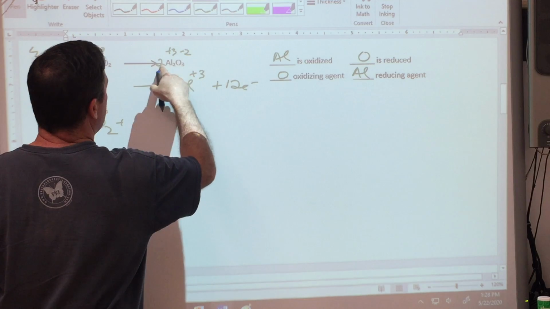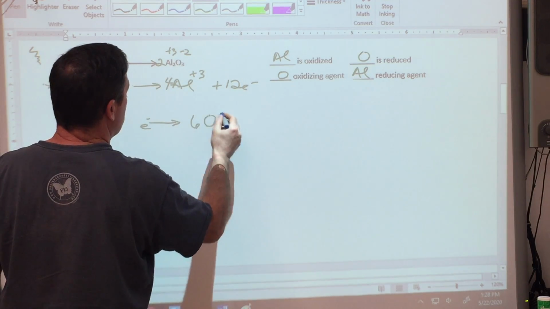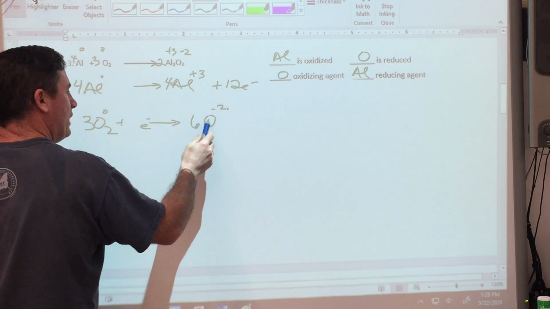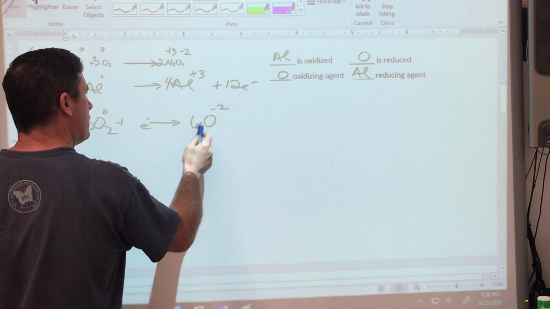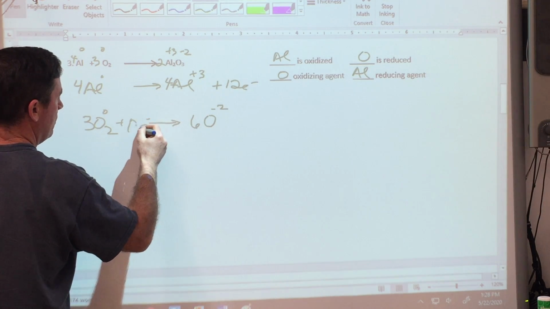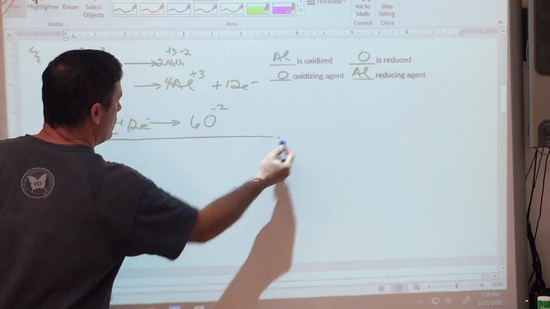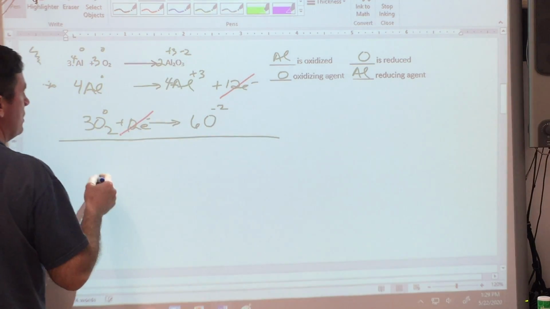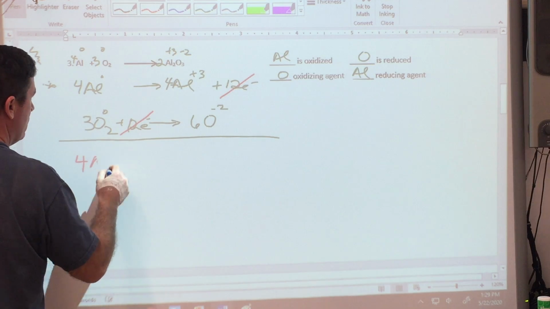Over here I've got 3 times 2 is 6 oxygens, and each one of them is a negative 2. So 6 times negative 2 is 12, and it looks like it's going to work out. 12 electrons, 12 electrons. I can cross my electrons out and give my final answer.